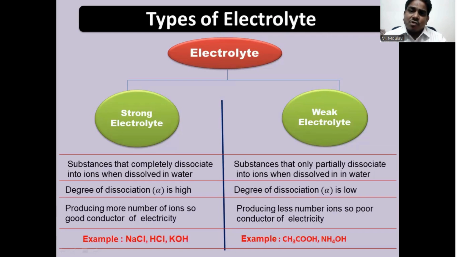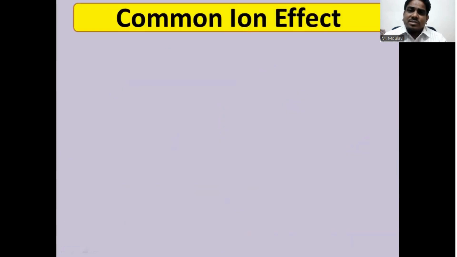Examples of the strong electrolyte are sodium chloride, hydrochloric acid, potassium hydroxide, while the examples of weak electrolyte are acetic acid, ammonium hydroxide. So with this knowledge of the strong electrolyte and the weak electrolyte, we will understand the common ion effect.